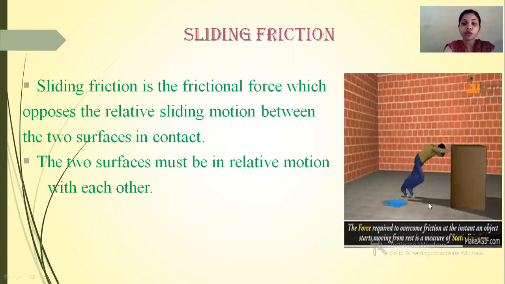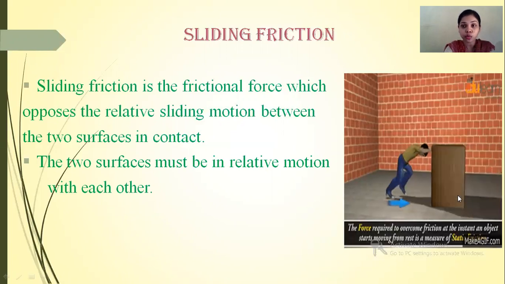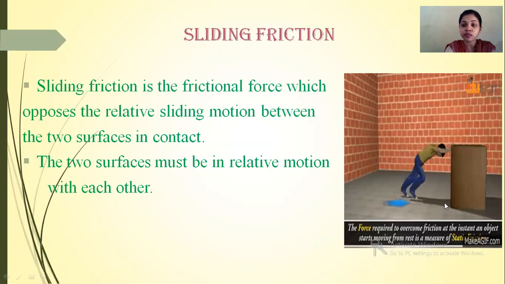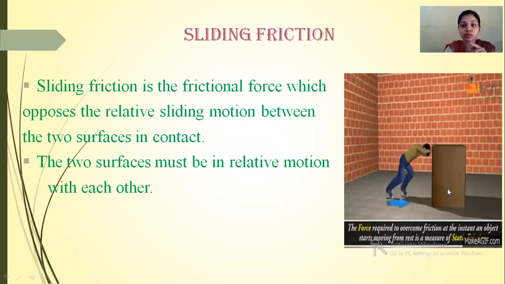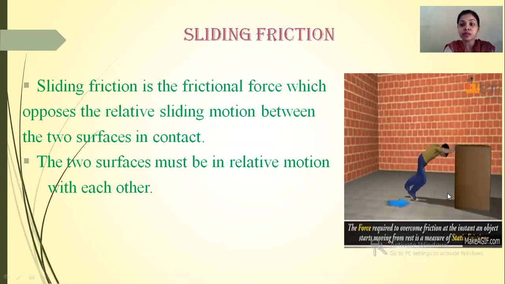Now if I want to move this box, who opposes this force? Of course the sliding friction opposes the force. So the sliding friction opposes the motion of the moving object.